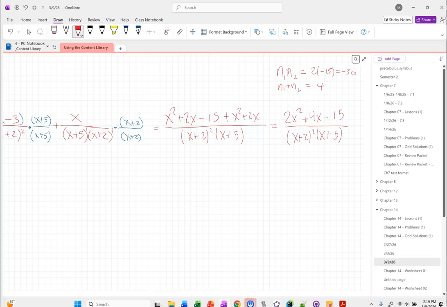Do 1 and negative 30? Does negative 1 and positive 30? 2 and negative 15? Negative 2 and positive 15? 3 and negative 10? Negative 3 and positive 10? 5 and negative 6? Negative 5 and positive 6? Those are all our factors of negative 30. So what's that tell you? It's done. There's no reducing to do.